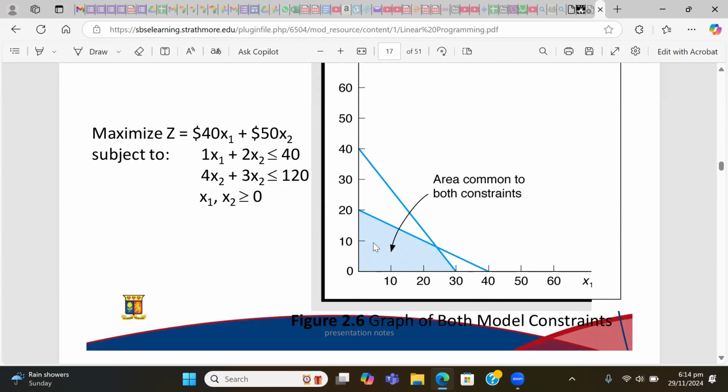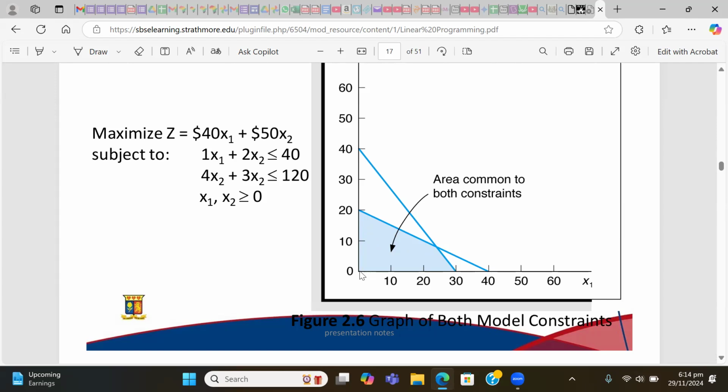Now, any point in this region, you can put in the z function, right? But remember, you're not looking for just any point. You want to maximize z. And what this author did, he actually tried different values. And what you will find is that the maximum value of z occurs at one of these points, either here, here, here.